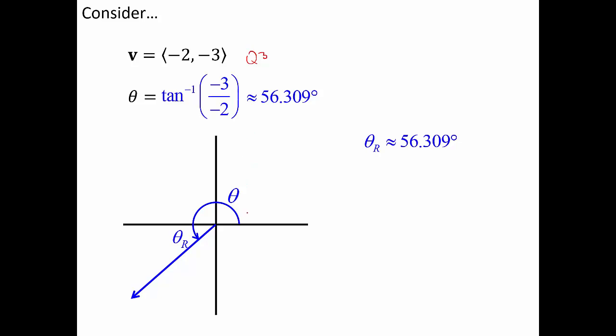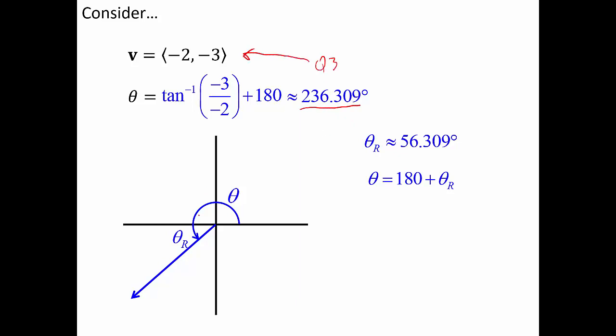In order to figure out the actual angle theta, I'd have to recognize, okay, from here to here is 180, and then I have to add the reference angle to get the full angle. It's 180 plus 56.309. So in this case, if I had just added 180 to the angle to begin with, that would have built in the adjustment all the way through. So I get 236.309. Again, greater than 180, less than 270, so I'm in quadrant 3, which is exactly what I expected it to be.